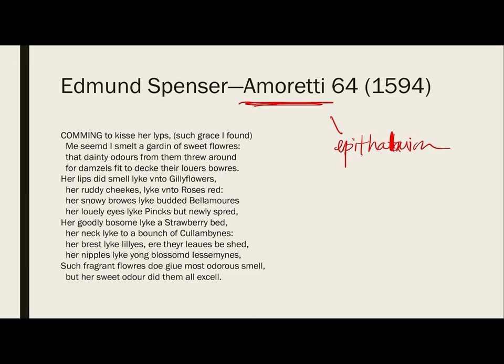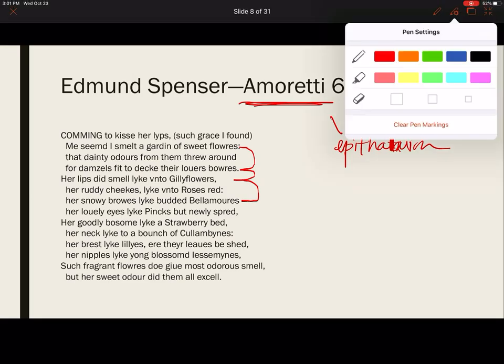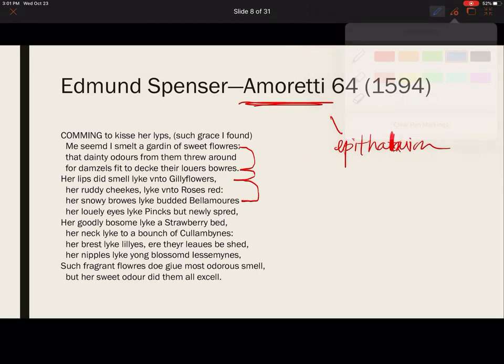His rhyme scheme is different too. So the cool thing about Spenser's rhyme scheme is that they interlock, right? So we have flowers and bowers, and gillyflowers and bellamoras, right? It's not exact, but there it is. And then I'm gonna switch my color here and show you that we have also found and round, right? We only get those two.